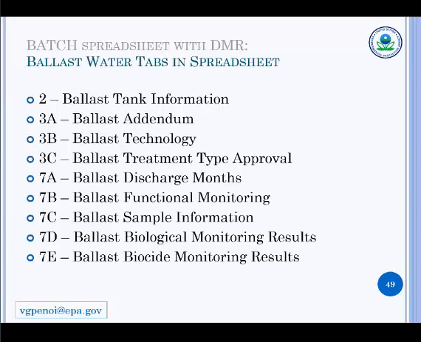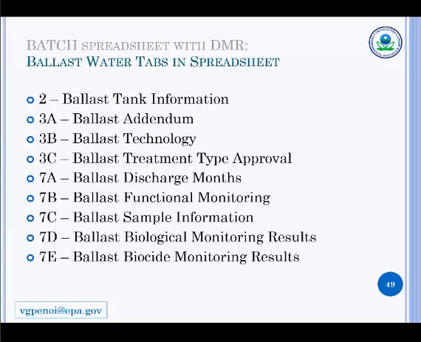Tab 3A is where you'll provide information on ballast water treatment. Tab 3B is to identify the type of technology employed for that treatment. Tab 3C is to identify any flag administrations that type approved the ballast water treatment system. And then the DMR information are the next 5 tabs. 7A is where you'll identify the months of ballast water discharges in U.S. waters.